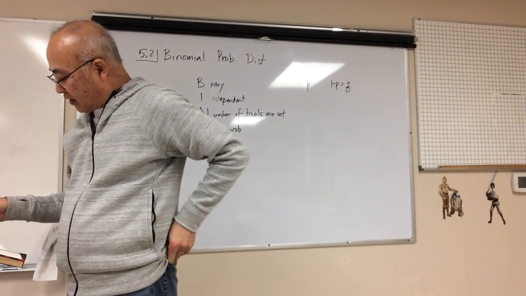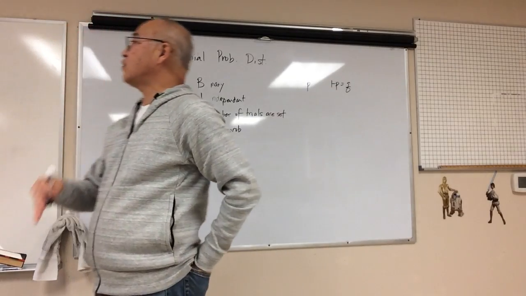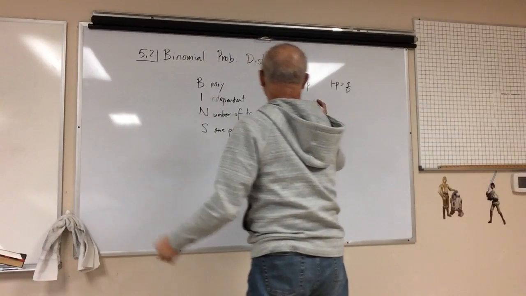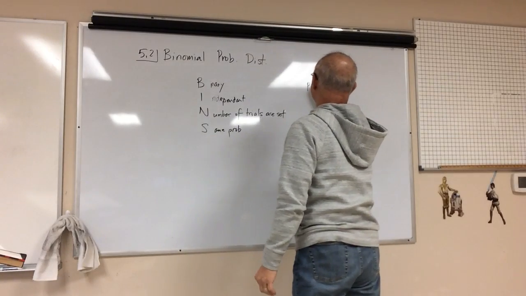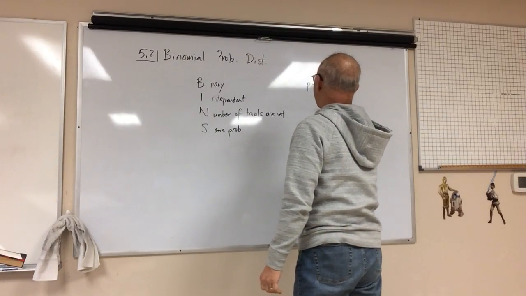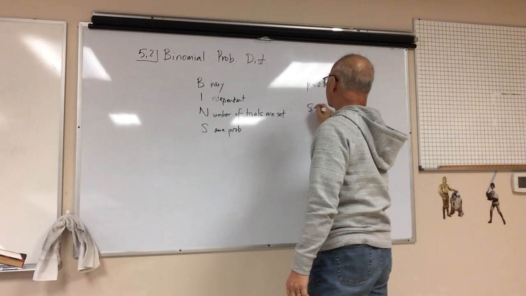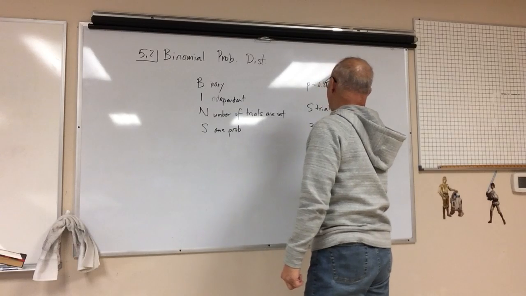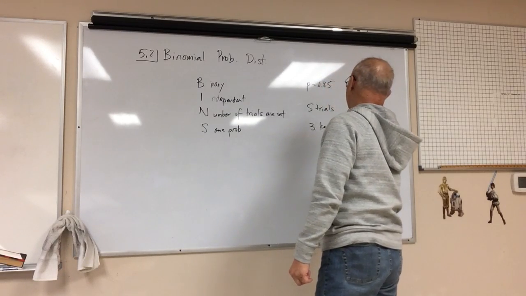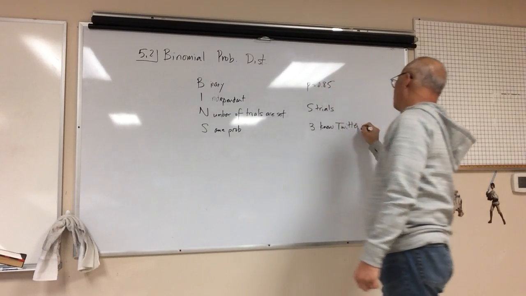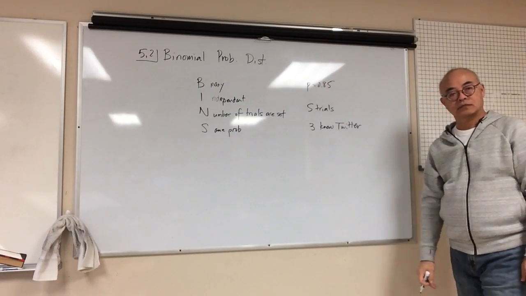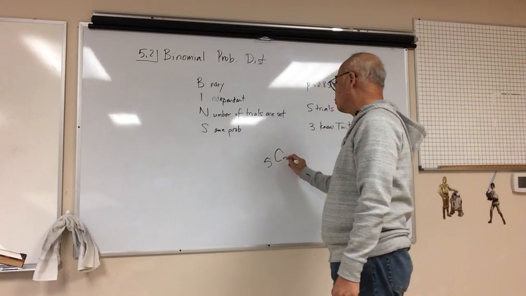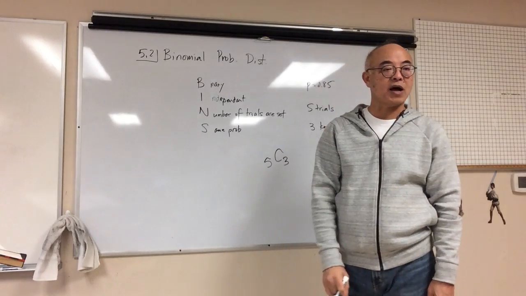Okay, methods for finding binomial probability. So how do I actually find the probability? What is the probability if I knew that knowing Twitter was 0.85 and I was doing 5 trials and they wanted to know the probability that 3 of them knew Twitter? Okay? 5 choose 3, or 5 combination 3.